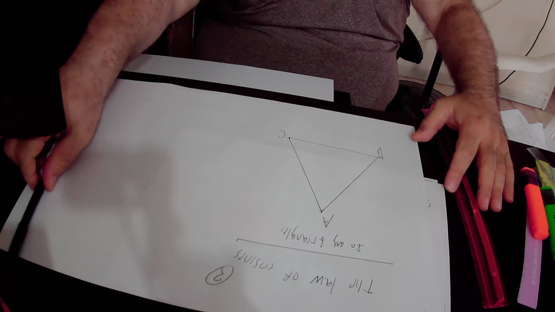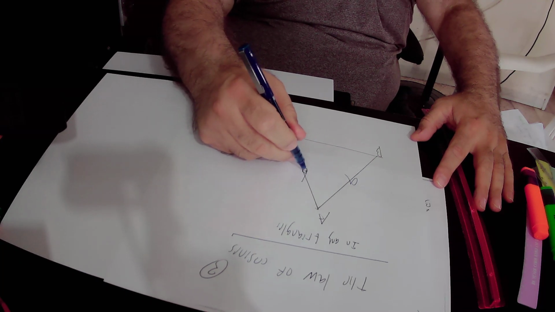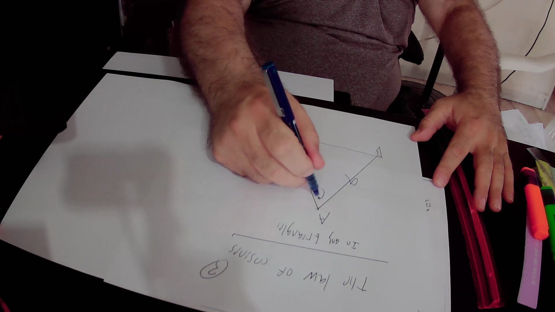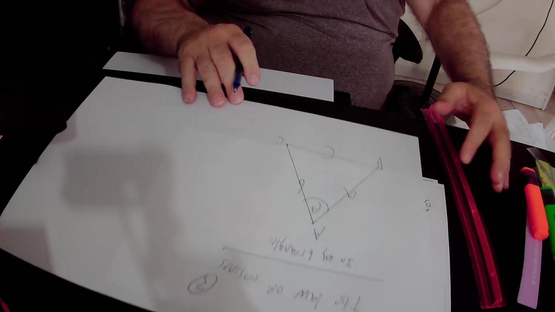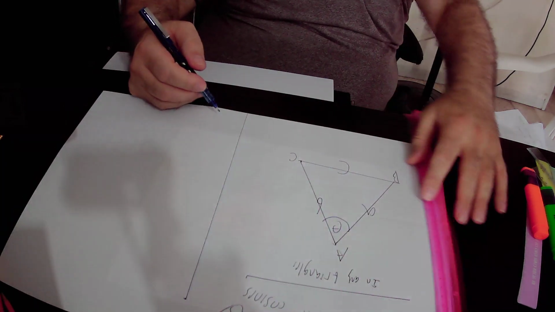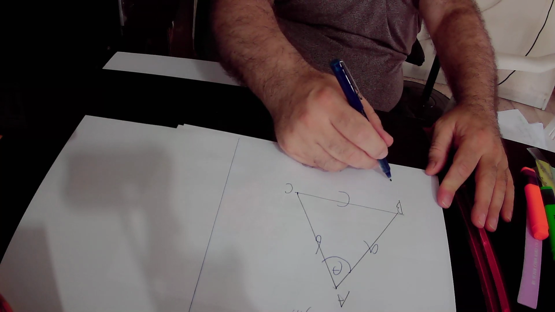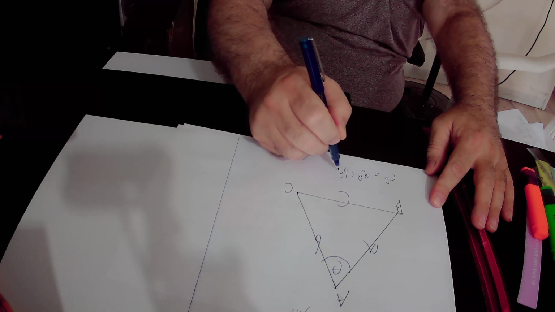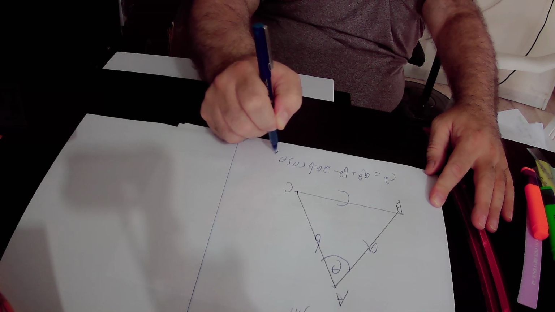And we know that side AB equals A units in its length, side AC equals B units in its length, and the angle between side AB and side AC is theta, and side BC equals C units in its length. Then, according to the law of cosines, we get that C squared equals A squared plus B squared minus 2 times A times B times cosine theta.